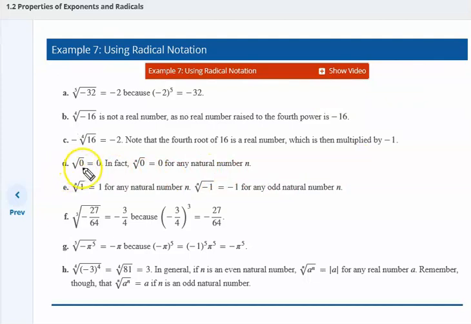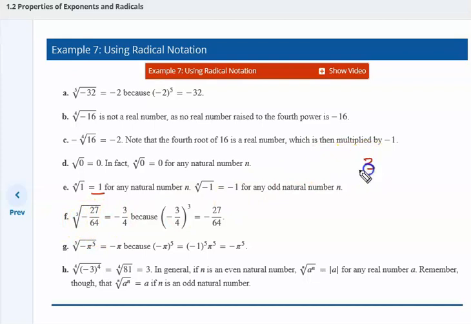In letter D, the square root of 0 is 0. And for letter E, they're saying the root of 1, whatever the index number n is, the value is always 1. Now here, let's write this one big.